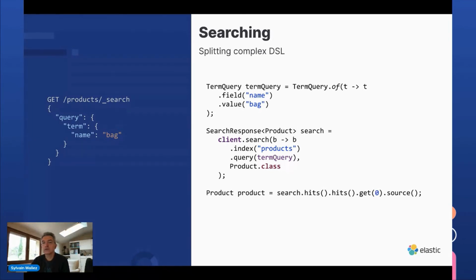The parameter of that method is a builder lambda expression. So here we prepare our term query, and then we assemble the search request by setting the index and inserting our query as the query property. We specify the Product class to say how we want to map the results, and there we go, we can get our product back.